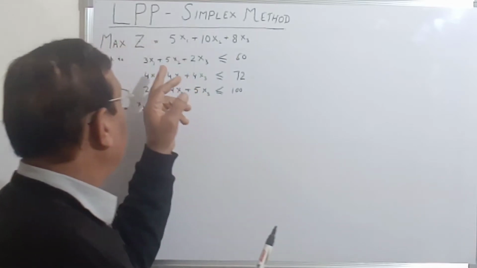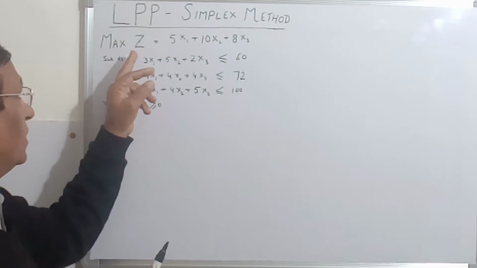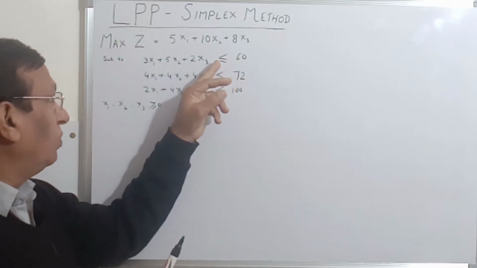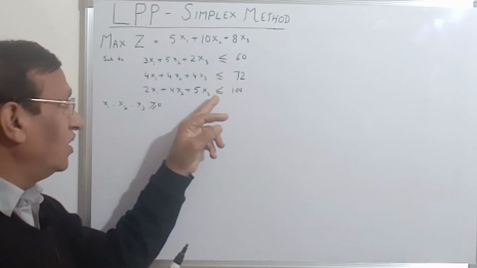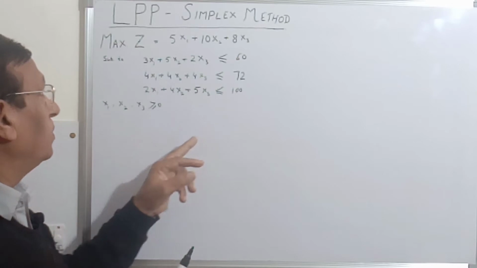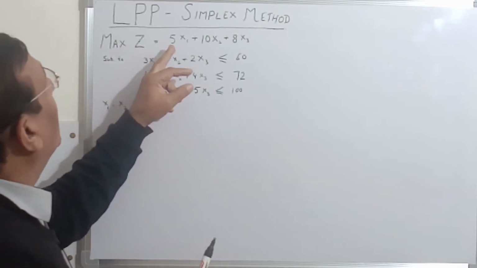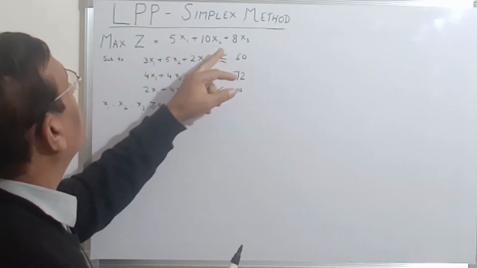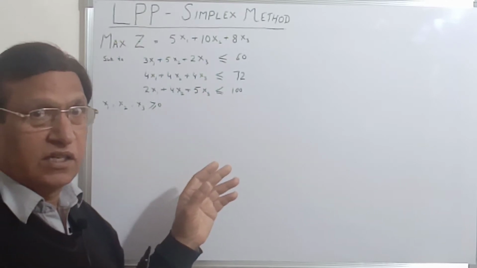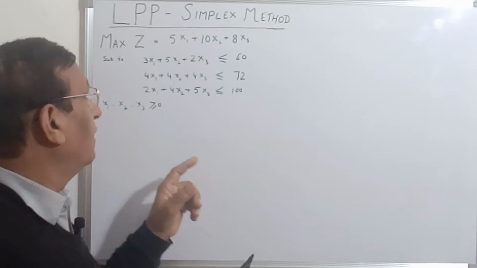Remember, if Z is maximized, the objective function is to maximize, and all the equations, constraints are less than or equal to type, then it is a pure maximization problem. These x1, x2, x3 are the variables having linear relations, direct relations.